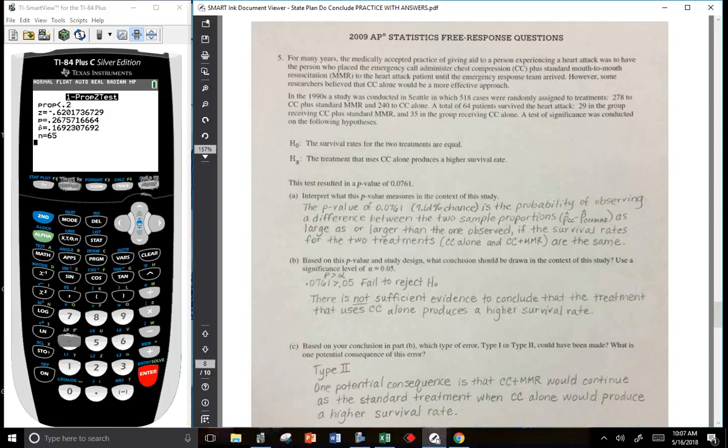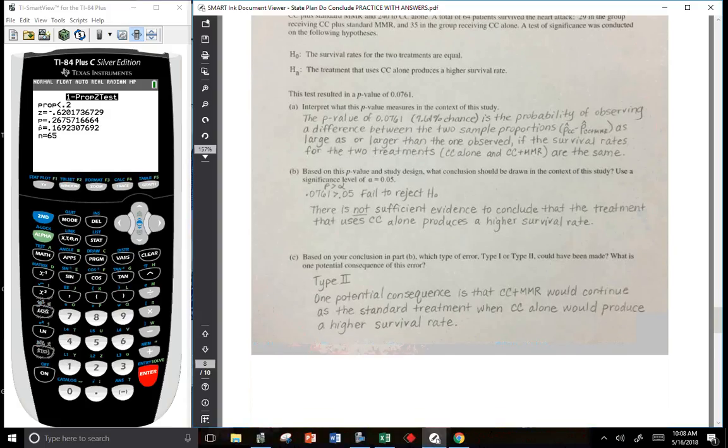And then F because the H0 was false. I don't know if that helps, but I thought it was kind of cute. So type 2 is beta for the probability of a type 2 error, fail to reject H0 when H0 is false. So ART for type 1, BFF for type 2.